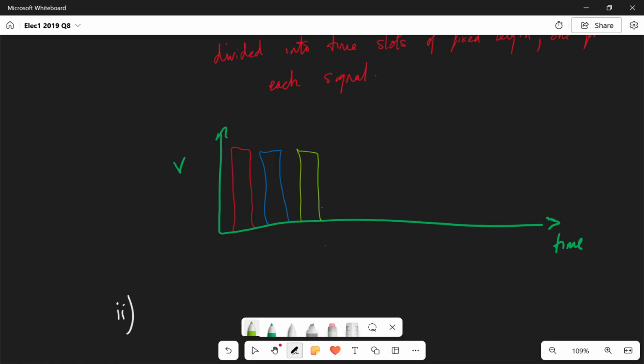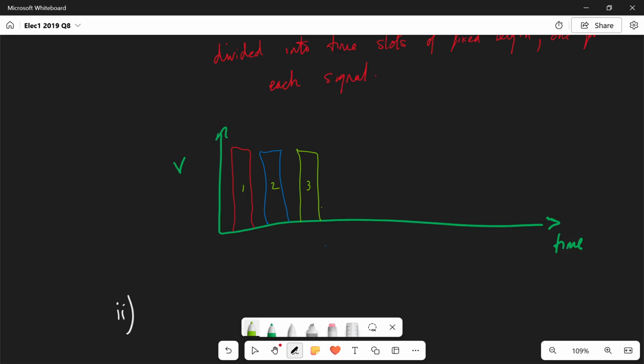And so if you can imagine, we have number 1, number 2, number 3. And number 1 is one type of communication that you want to send down this particular cable. Number 2 is the second communication link. Number 3 is the third.